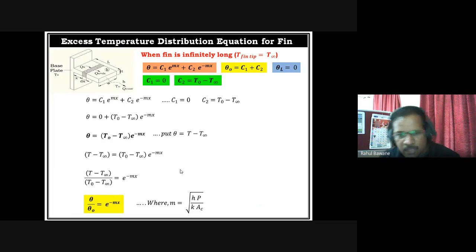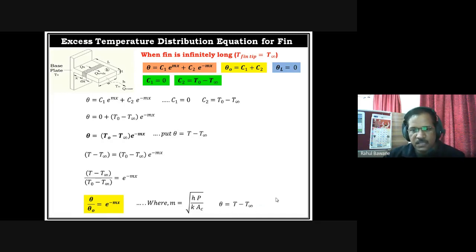If I put m there, then we will face a problem here, so we put m square for hp upon kAc, so that here only m is there, and m will be the square root. So intentionally we put the notation hp upon kAc as m square. Now when we reach the m value, m is nothing but the square root of this.